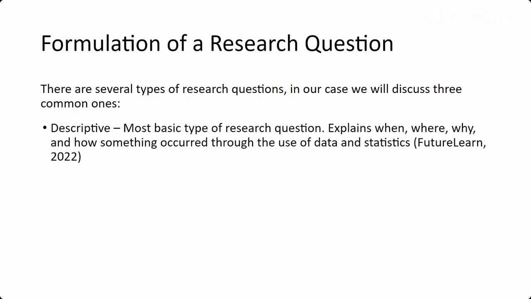There is the descriptive question, which is the most basic type of research question. A descriptive question explains when, where, why, and how something occurred through the use of data and statistics. This definition was picked from Future Lane, quoted in 2022.